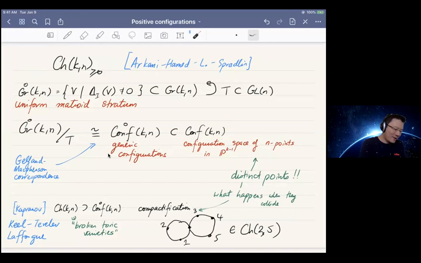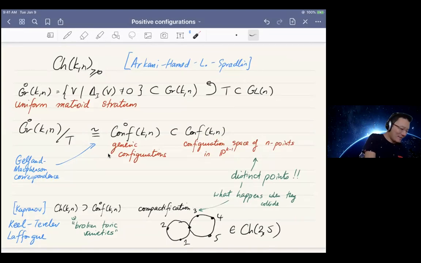Inside this configuration space is a subspace of generic configurations. These configurations are already slightly generic in that the points are distinct. But in addition, I don't want 3 of them to lie on a line or something like this. So a generic configuration is a point configuration so that the affine span of a collection of points is as big as possible, which is what you would expect if they're generic.